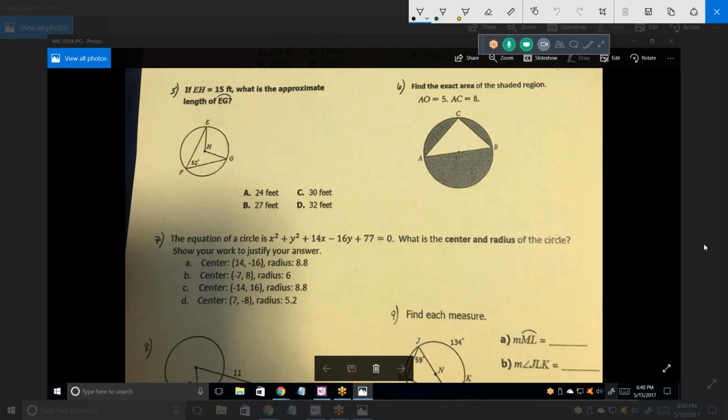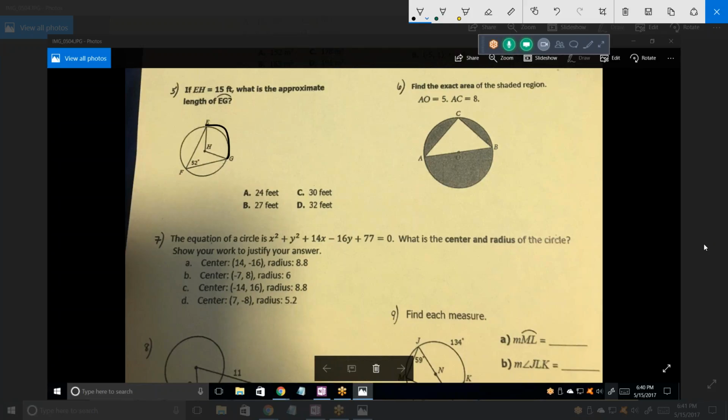What is the approximate length of EG, the arc EG? In other words, from there to there, measured on the curve, what is that length going to be? Okay. There's a formula in geometry.